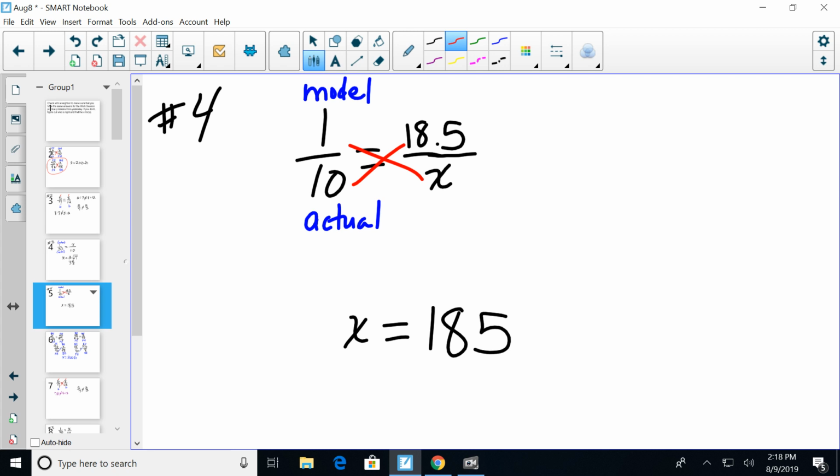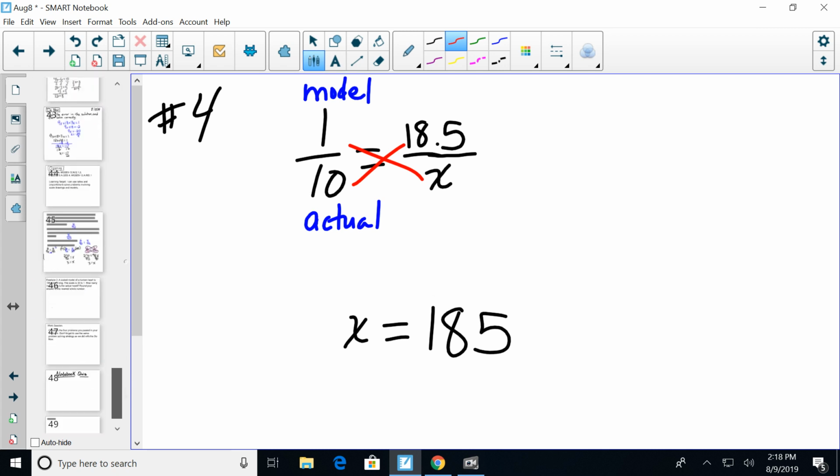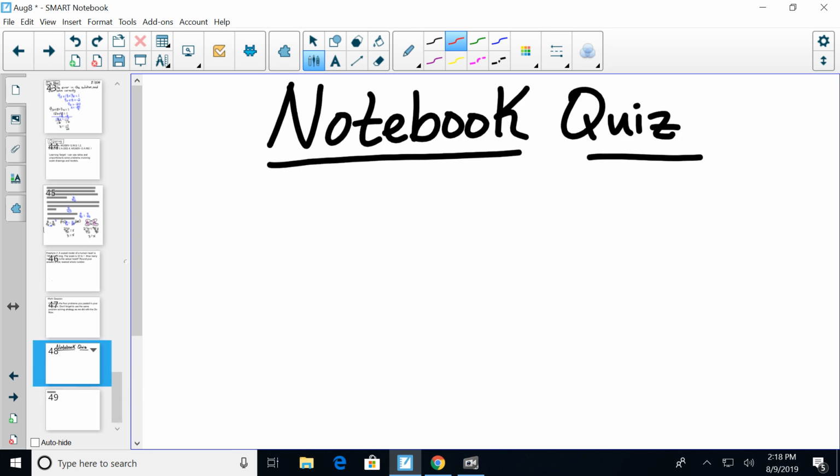So on your sheet of paper, you should have name, date, and period. And then you need to add this to it as well: notebook quiz. Name, date, period, and notebook quiz.